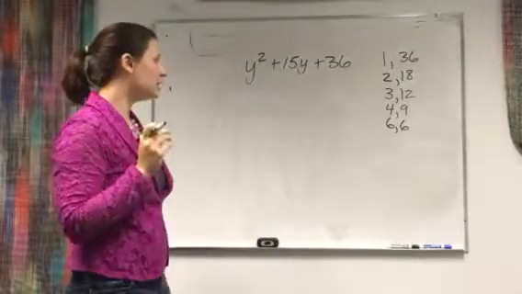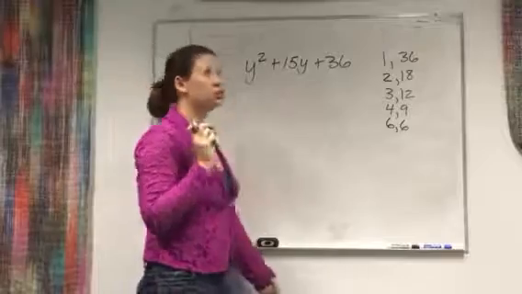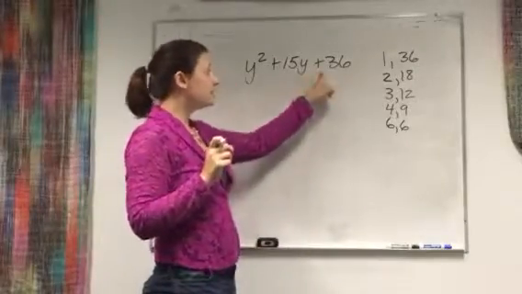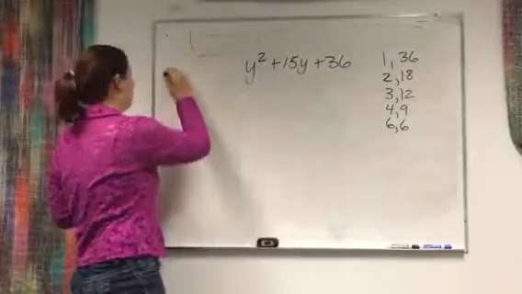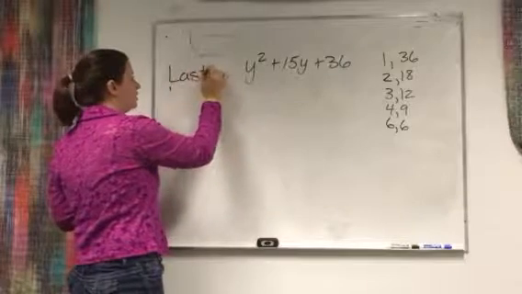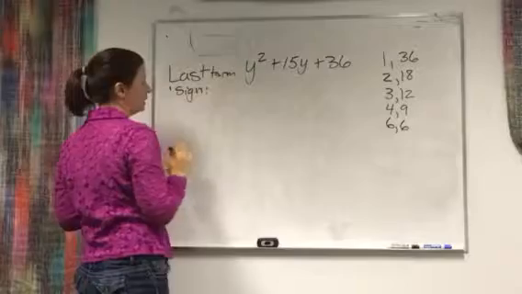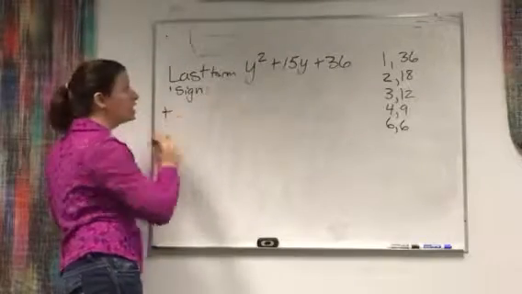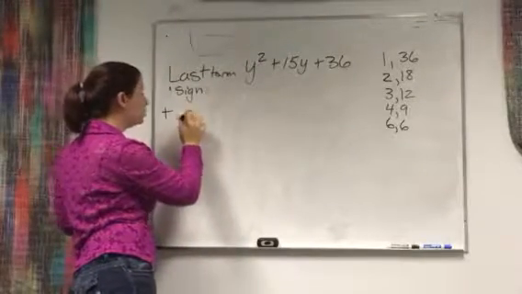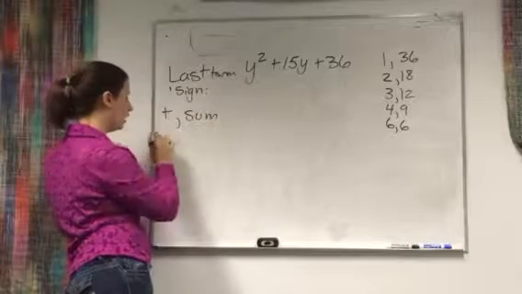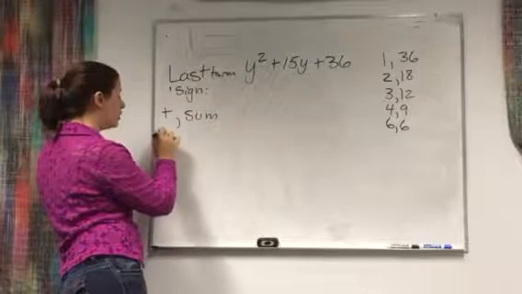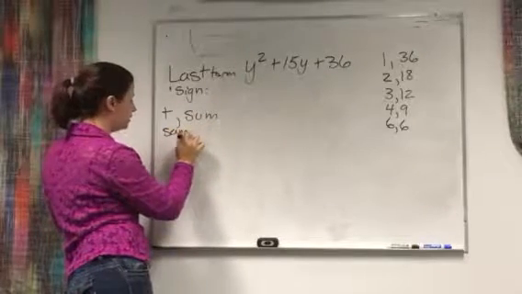Now, we need to know a few little things to look for. The sign of the last term has a meaning. If it's positive, like this one is, that means we're looking for a sum, and we're going to have the same sign.